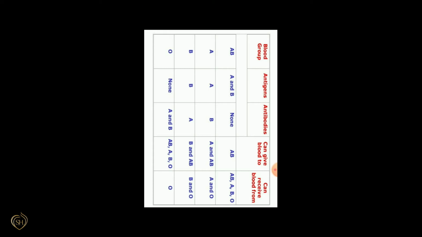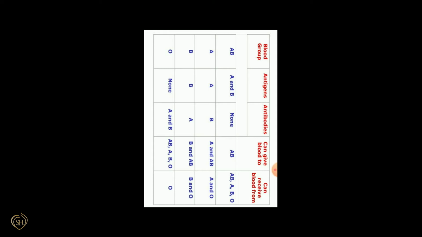Then B group contains antigen B and antibody A. O group contains no antigens but antibodies A and B. From this, it is clear that the antigen present in a group is the name of the blood group. So, the blood grouping is on the basis of antigens present in the red blood cell of the blood.